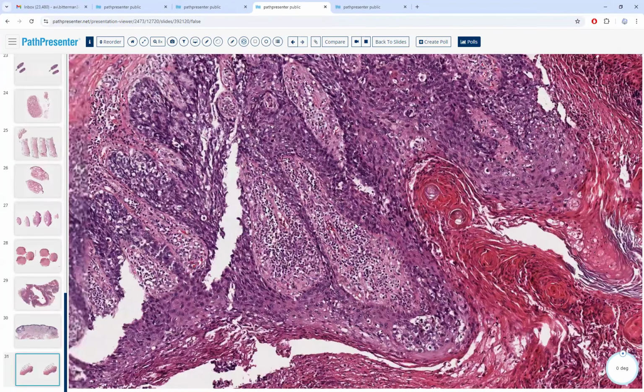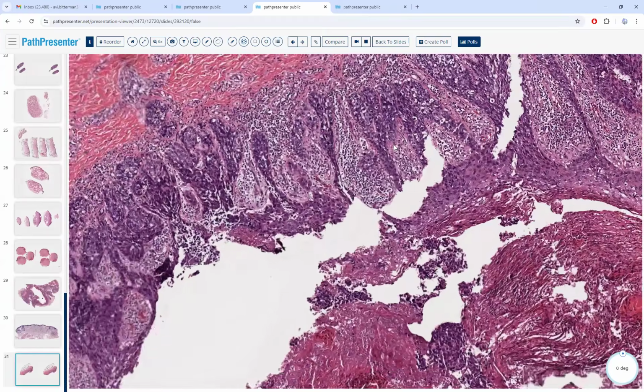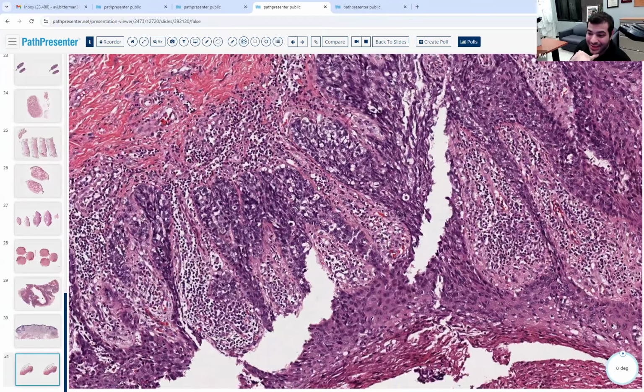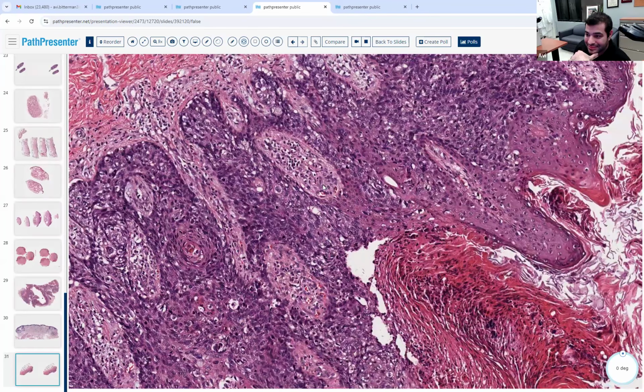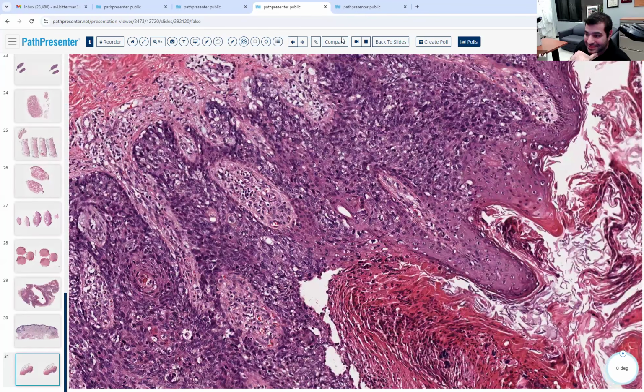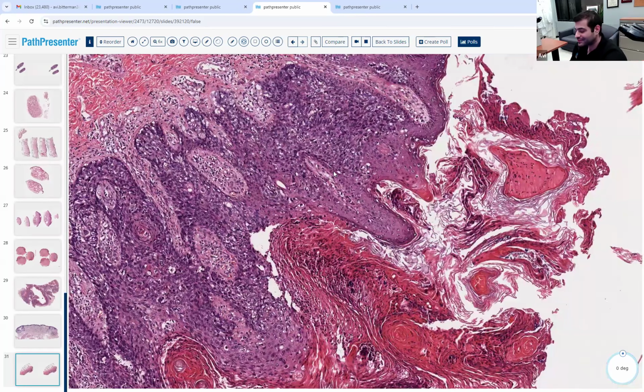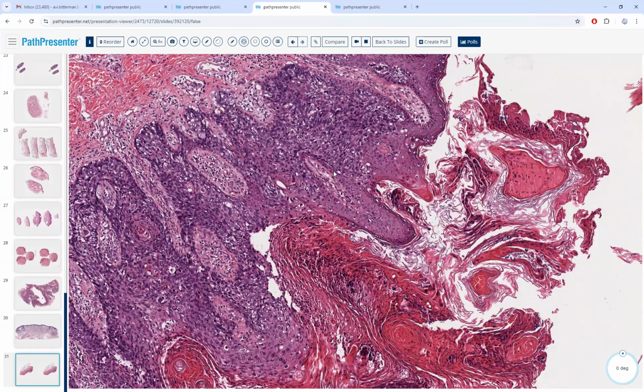Yeah, they can, yes. And what do you want to stain this with if you wanted to make sure? You'd have a whole differential. There are pagetoid cells here, right? You've got to work this up.